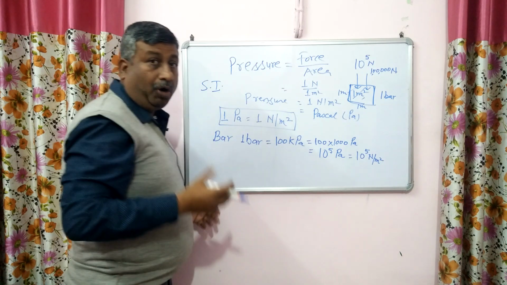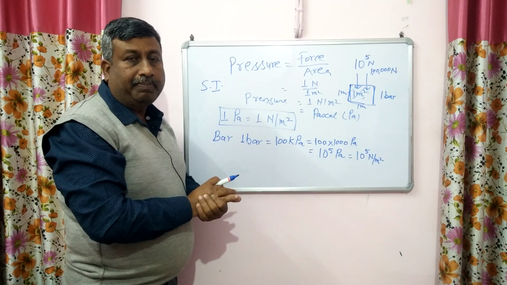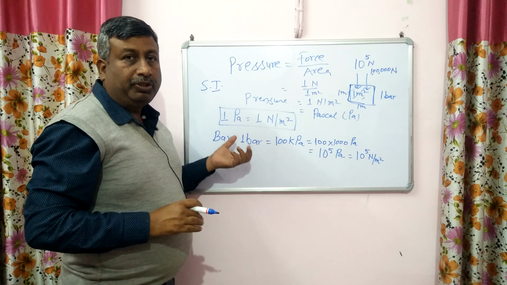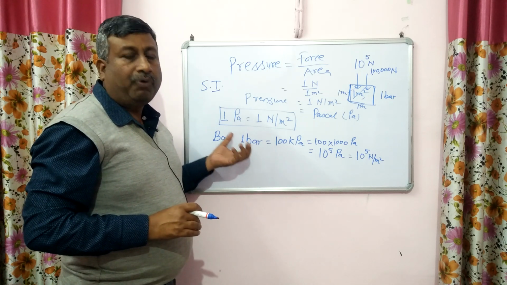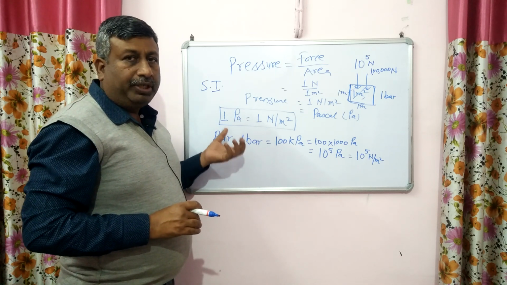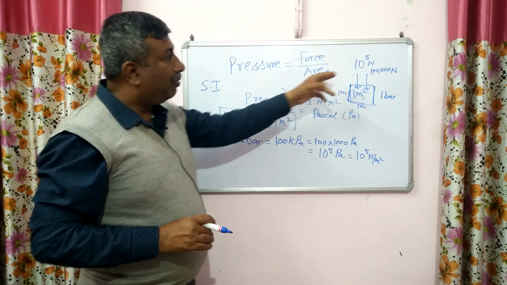So you can imagine how large 1 bar pressure is. Bar is a unit of pressure. It is not a unit of force. Don't be confused. The unit of force is Newton.